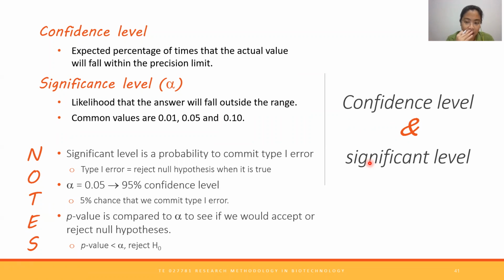And another thing I want to emphasize a little bit more, which I thought I didn't make very clear yesterday, is the p-value. Yesterday I said that the p-value that you might see in a paper is related to alpha, which is the significance level.